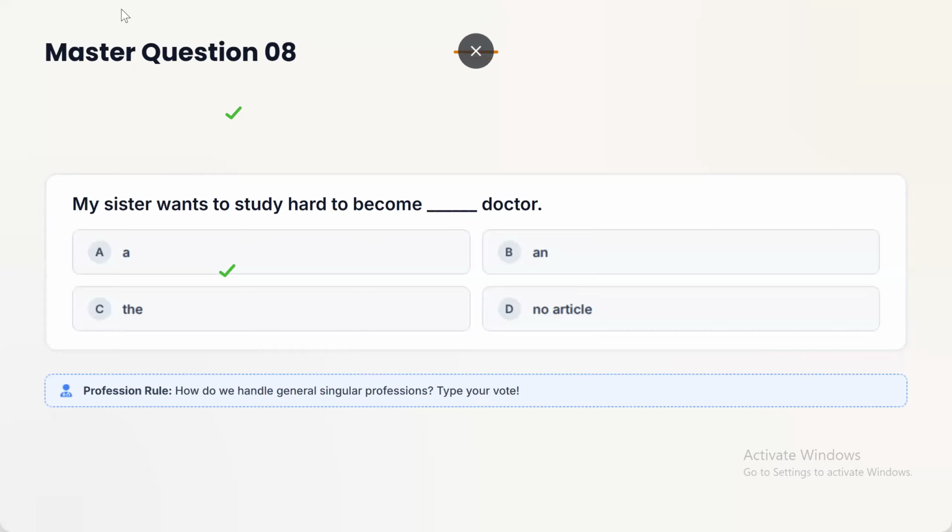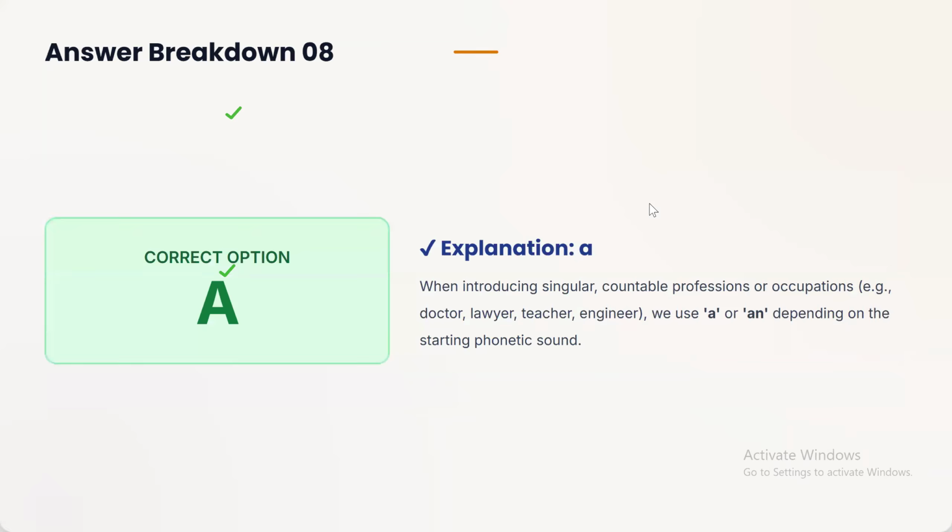Okay, a doctor. Why is it a doctor? Another person. Why is it a doctor? As I said today, you'll be my tutor. I'm just your student for today. Why is it a doctor?